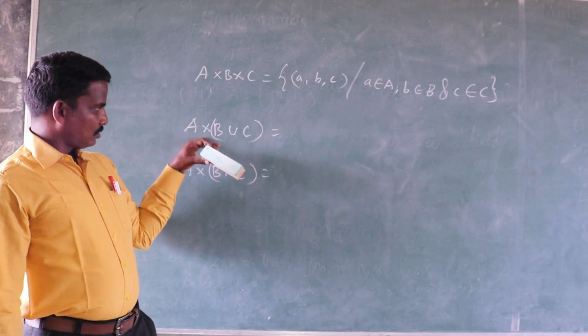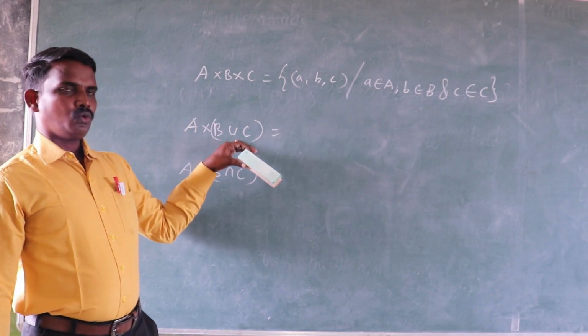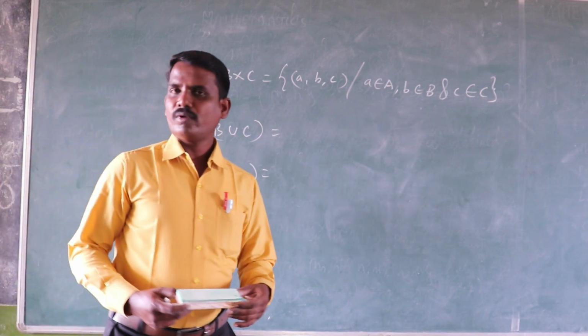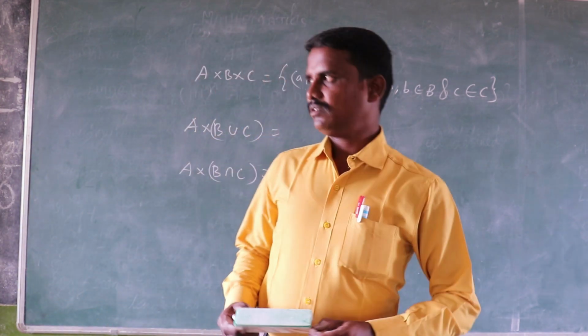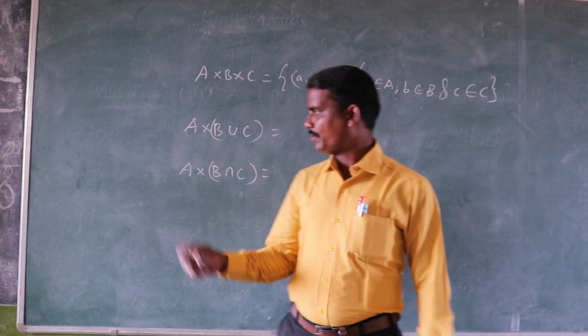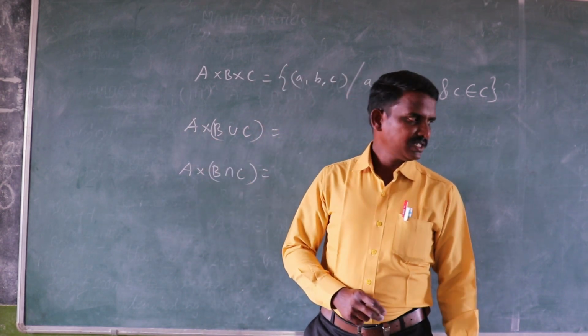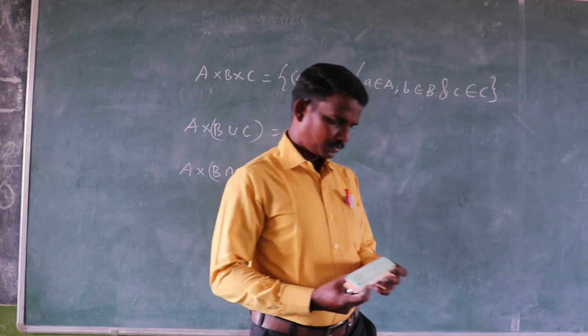This is union and intersection. You can draw the Venn diagram for these two formulas in 9th standard. Anybody say the answer?